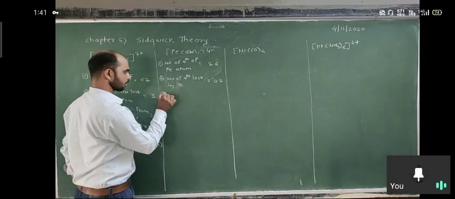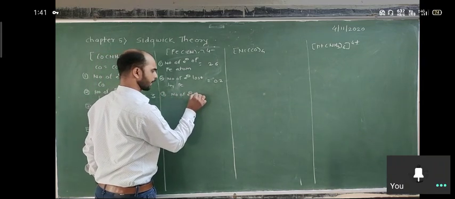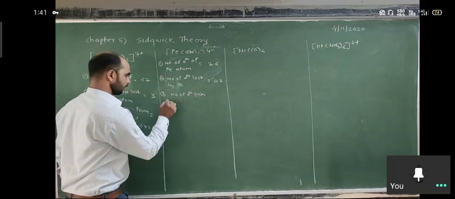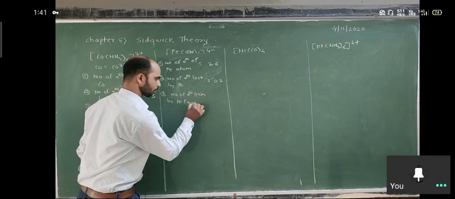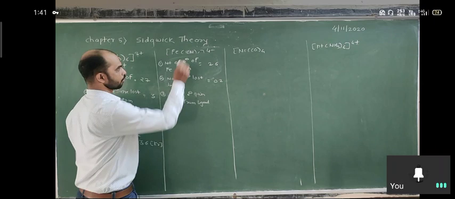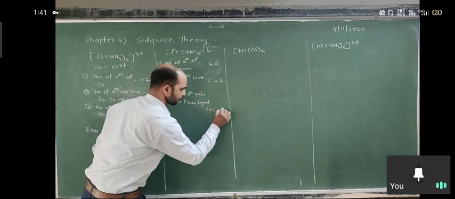Third point is the number of electrons gained by Fe from ligands. You can mention the ligand or not. Okay, so how many ligands? 6 ligands. So 6 into 2 is equal to 12.